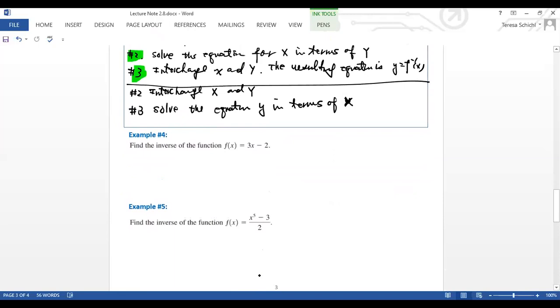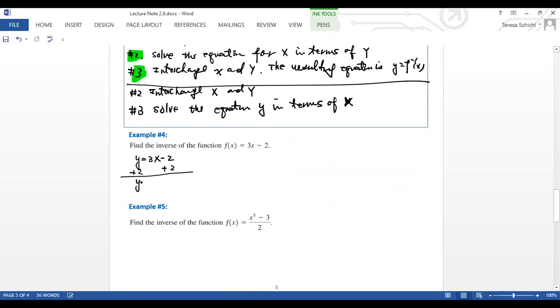Okay, so let's take a look at number 4 here. It says find the inverse of the function, right? So we can use either way. We use the method the book talks about, the one I highlighted in green. So we say y equal to 3x minus 2, right? So I'm solving for x. So plus 2, plus 2.